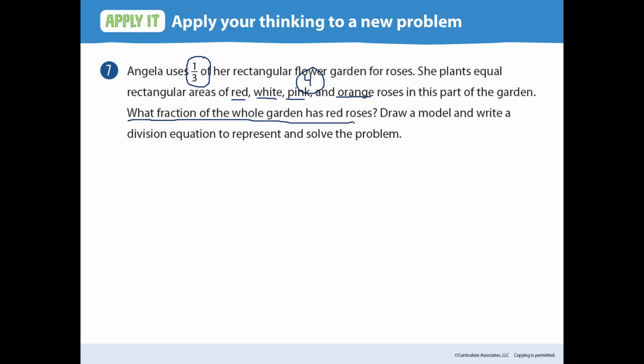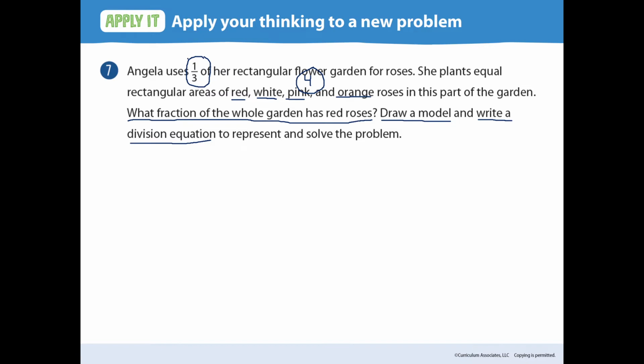So that is something we need to find out. Draw a model and write a division equation to represent and solve the problem. So we need to figure out what fraction of the whole garden has red roses, and we need to do 2 things to figure that out. The first thing we need to do is draw a model. We also need to write a division equation.